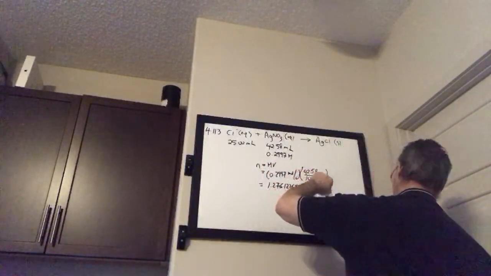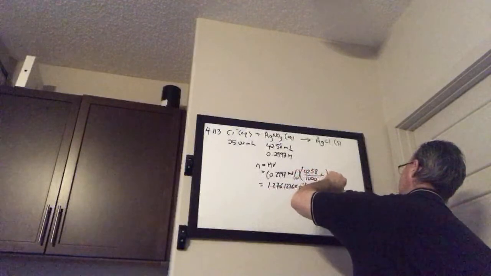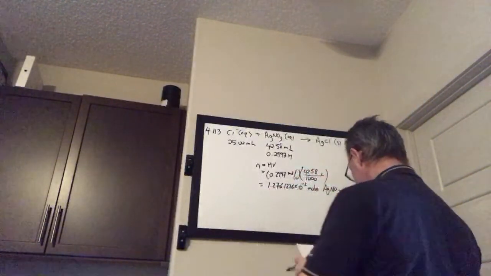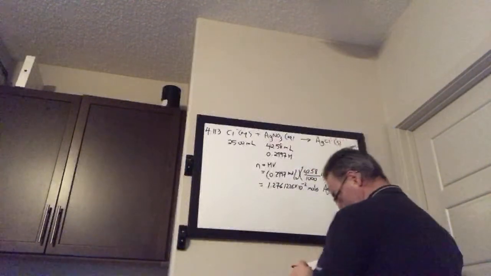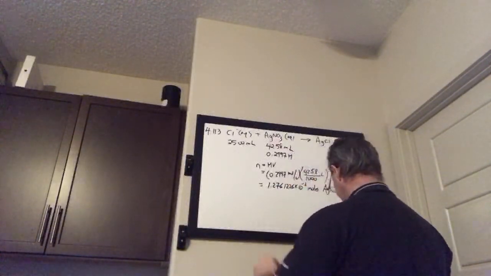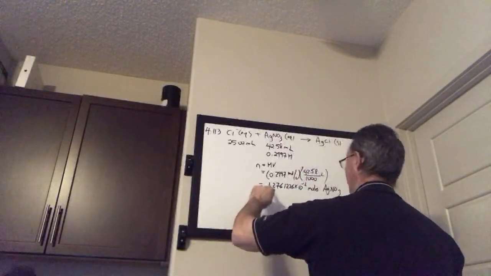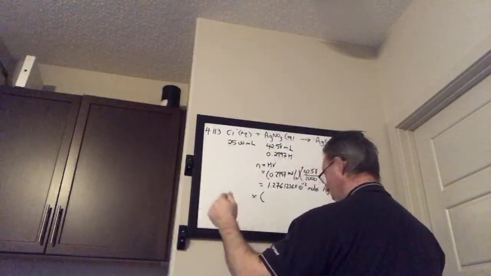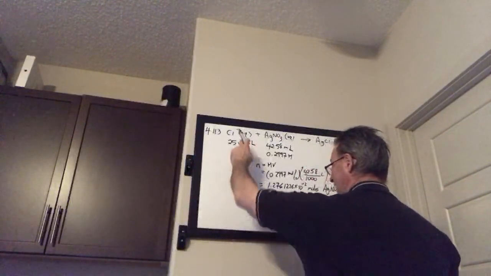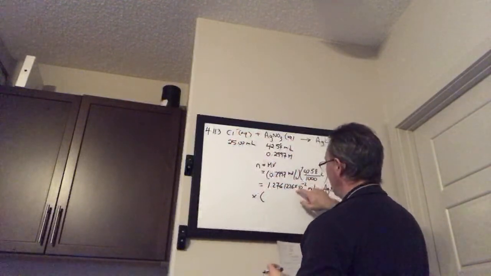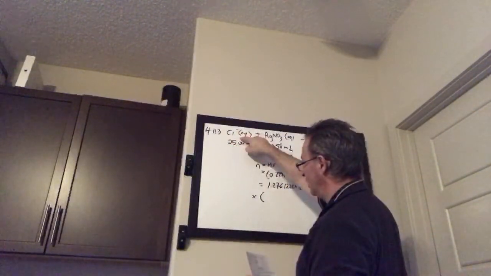So there's the moles of silver nitrate. And we're going to multiply by the molar mass of silver nitrate. Sorry, no, we're going to multiply by the molar mass of chloride to find how many grams of chloride are in that, because the number of moles of silver nitrate has to equal the moles of chloride.